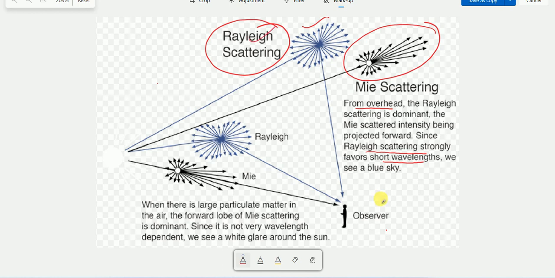Rayleigh scattering accounts for the blue color of the sky because it favors the scattering of the shorter wavelengths of violet and blue color by the gas molecules.